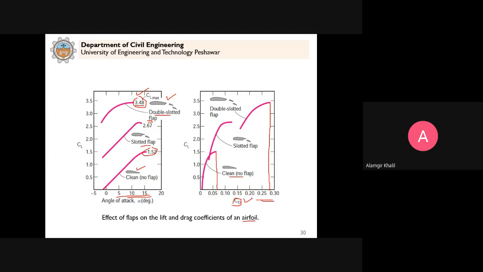So it means that in this case, the aeroplane engine will have to use more power to overcome this increased drag force. So this is how the mechanics of lift and drag forces on an aeroplane wing occurs. We discussed it very briefly, since we are not students of aeronautical engineering, but for basic understanding, this much information is sufficient.